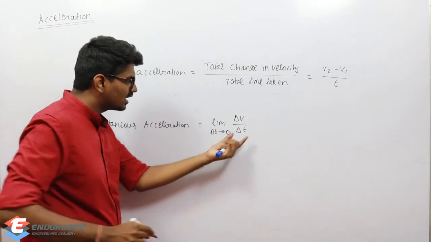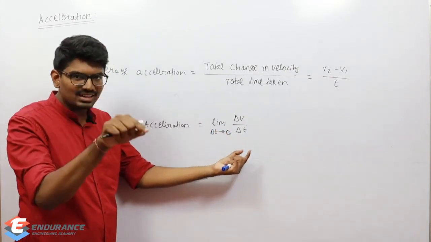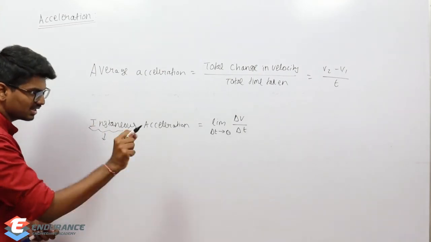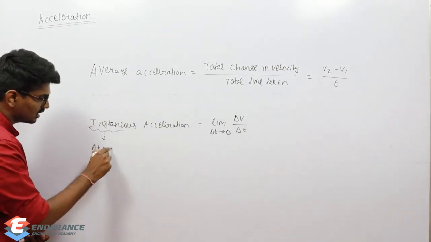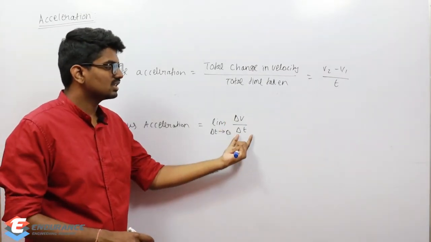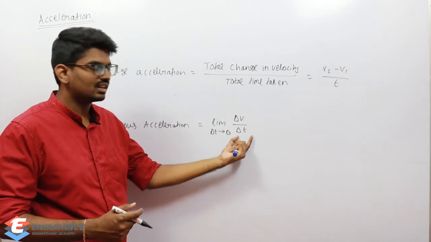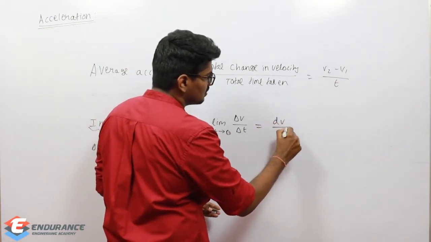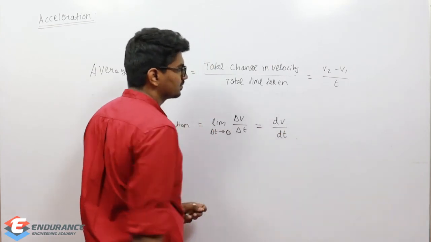When delta t is very small, that is at some instant. Instantaneous means at a particular point, right? So when delta t tends to 0, the change in velocity by change in time, that is delta v by delta t, will give me acceleration. So I can write it as dv by dt.